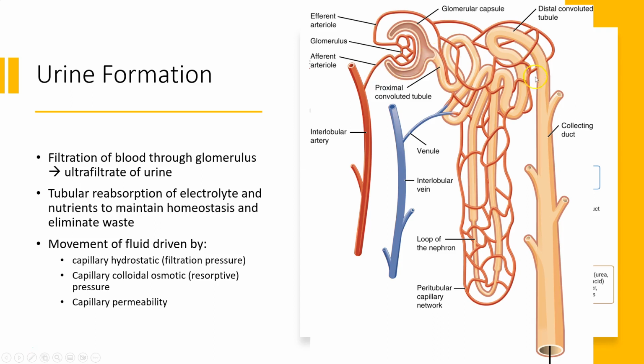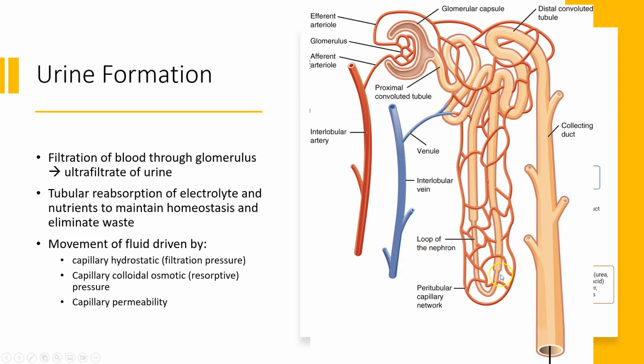Remember that our tubules are surrounded by peritubular capillaries, and so this allows the exchange of electrolytes and nutrients across the tubules with the capillaries so that we can maintain homeostasis and eliminate waste into the urine as needed.